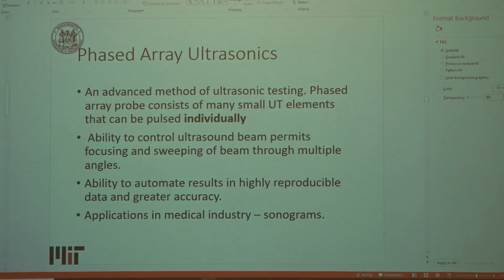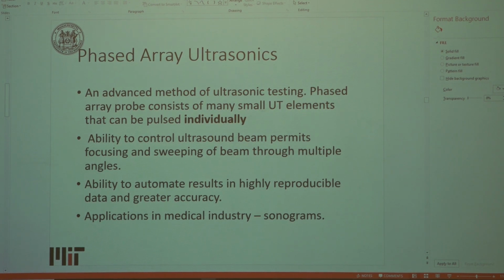I said last week that phased array ultrasonics is basically taking that traditional raster probe in the XY, and the only difference is that now, using computing power, they can time the sequence at which each transducer element pulses.